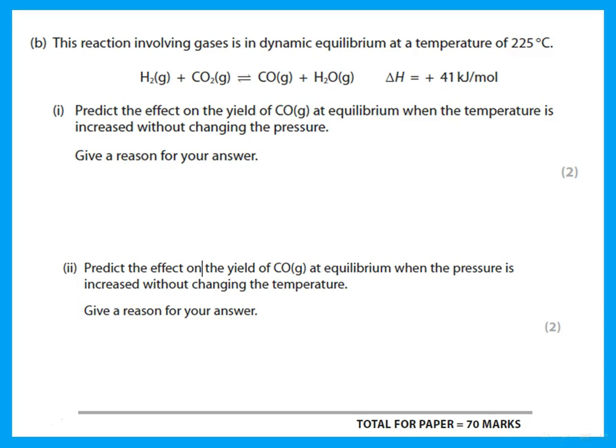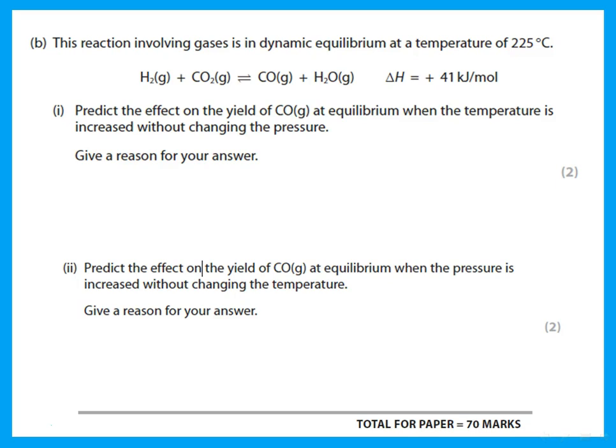Then the last question in this paper is talking about dynamic equilibrium. So he has an equation and he says, predict the effect on the yield of carbon monoxide at equilibrium when the temperature is increased. Now, we said when I increase the temperature in a reversible reaction, increasing the temperature goes endo. You should remember that.